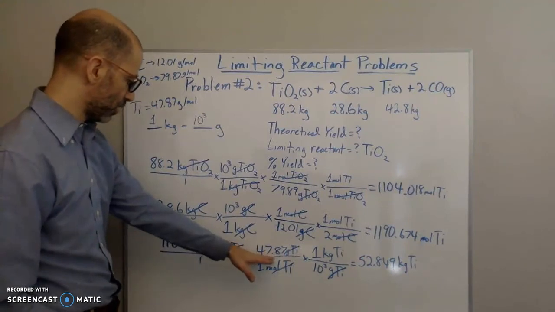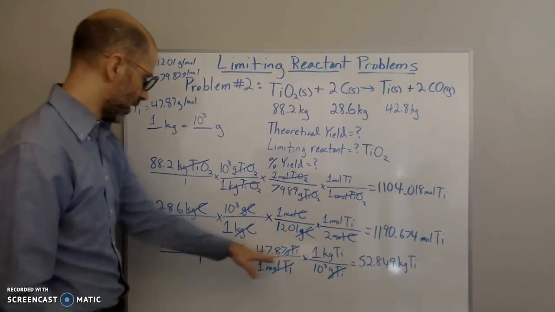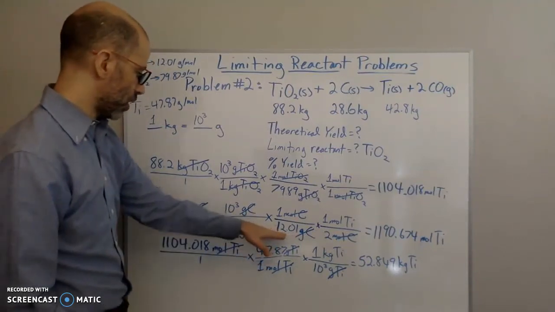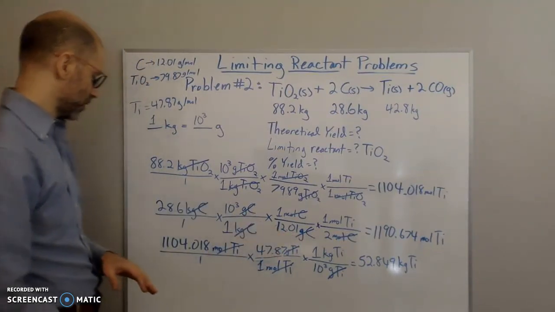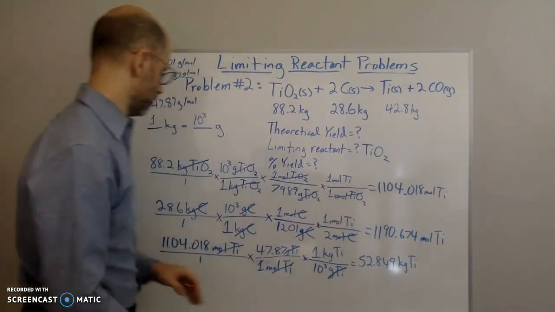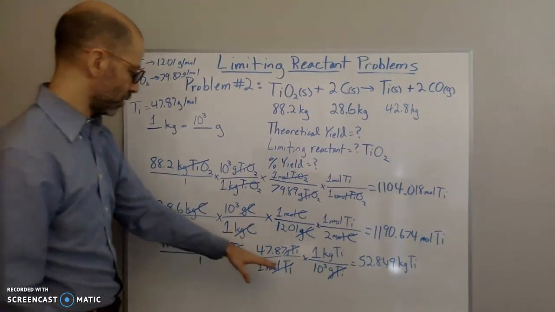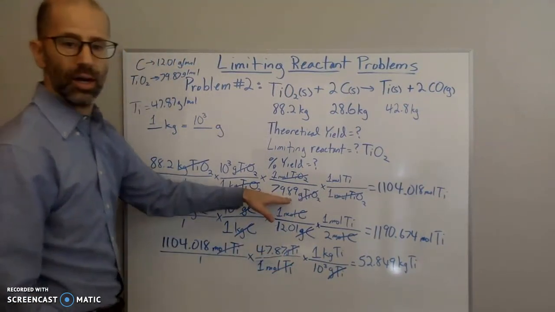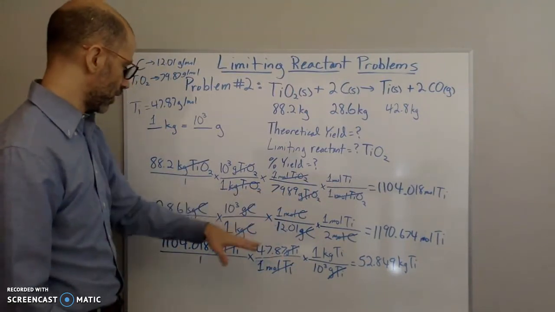So I have 47.87 here, that's going to be 4 sig figs. I have 12.01, that's going to be 4 sig figs. This calculation came from here. Oops, I'm looking at the wrong one. So I have this and this. So that's going to be 4 each.